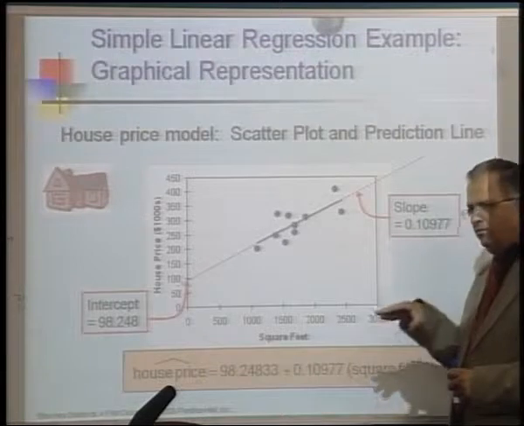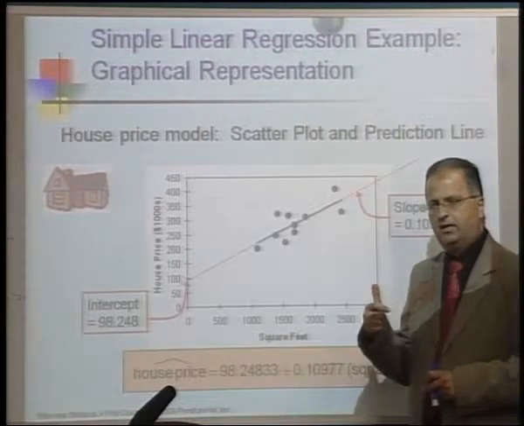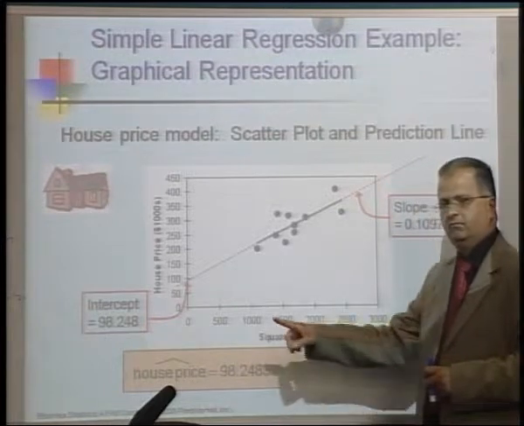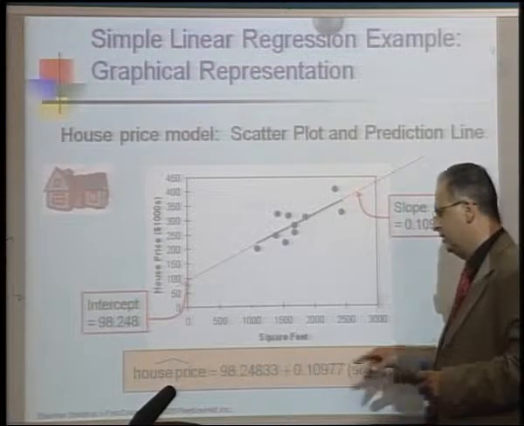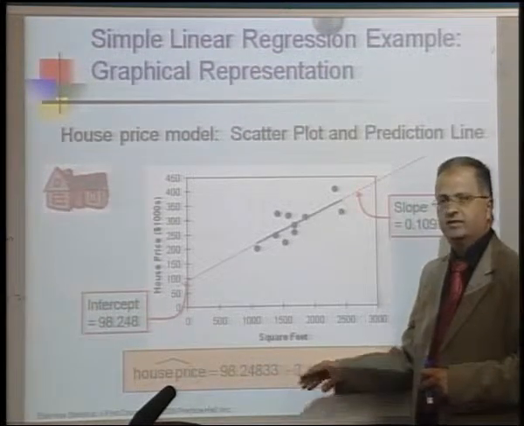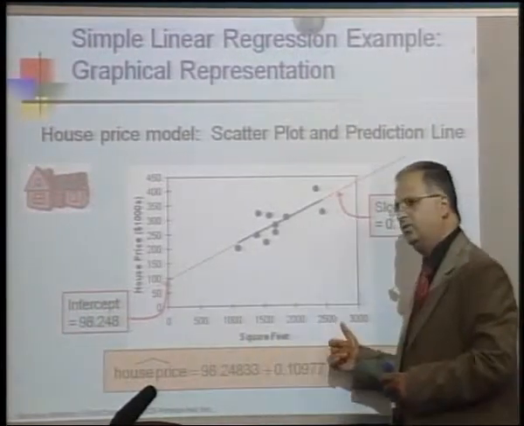Now, by using this equation, we can tell, number one, the direction of the relationship between x and y, house price and its size. Since the sign is positive, it means there exists a positive association between these two variables.